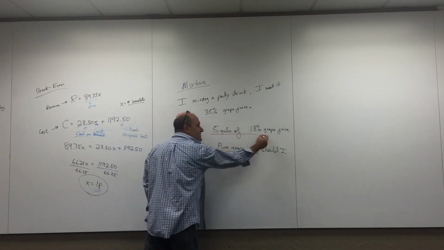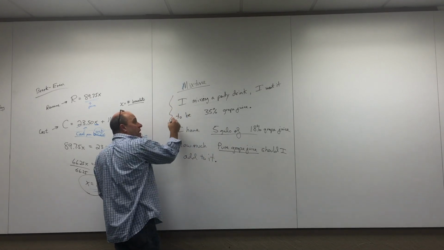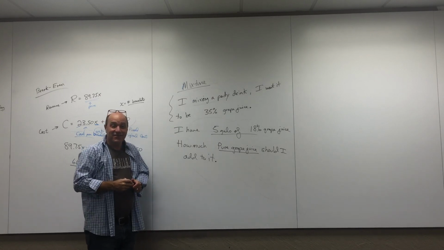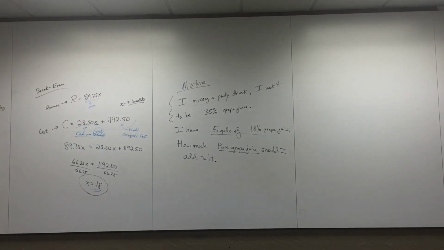I have 5 gallons of this stuff. How much pure grape juice should I add to it to get what I want? Okay, these are good problems. Might have to teach you how to do this. But I'm taking a 2-minute break. I'll be right back.